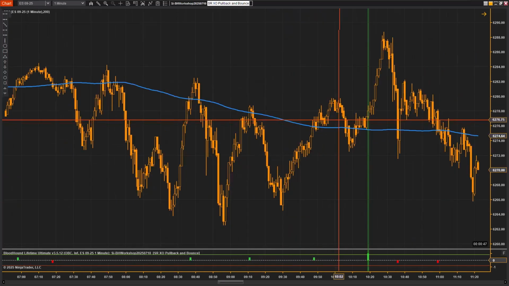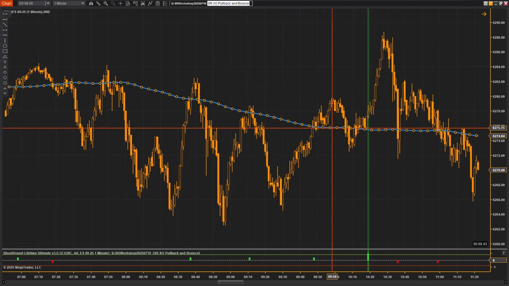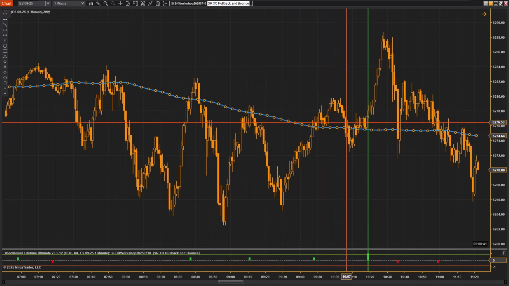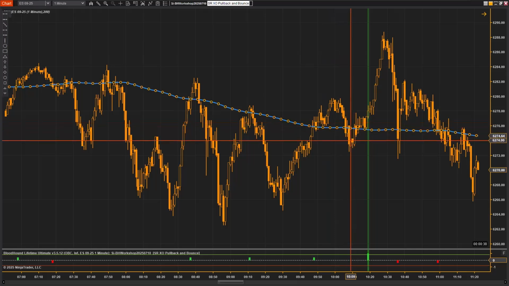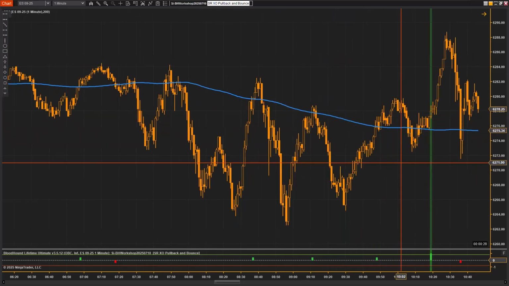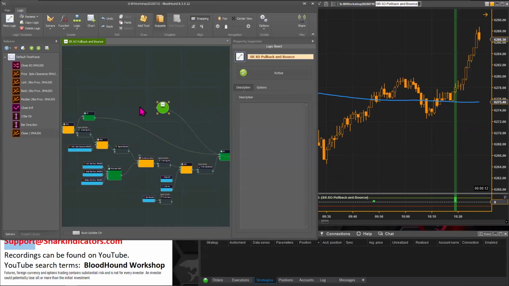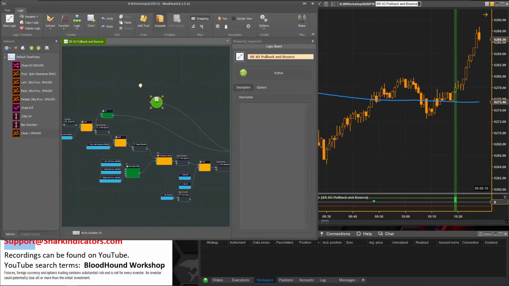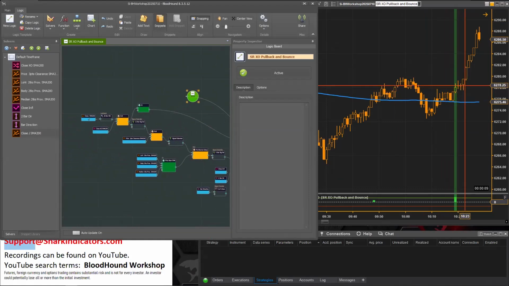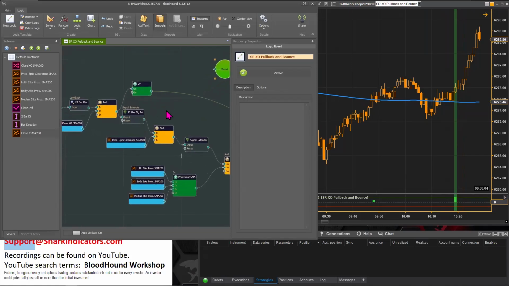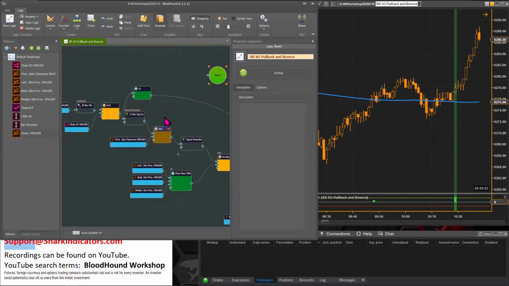So I'm kind of surprised. This actually doesn't look like the market's been above the SMA for 20 bars. Yeah, so let's see what's going on here. All right, so let's get BloodHound open. So we're going to start debugging this system to figure out why we have a signal here.